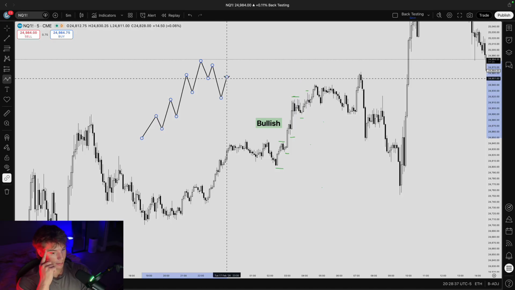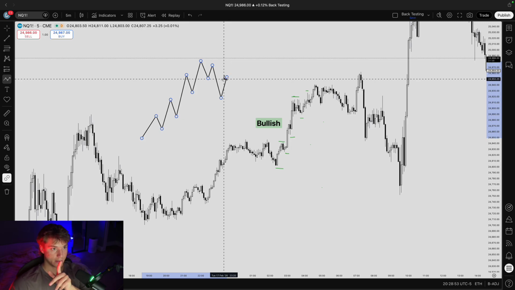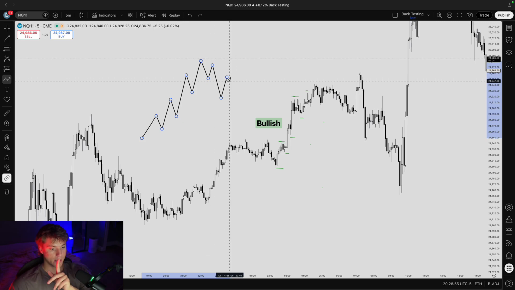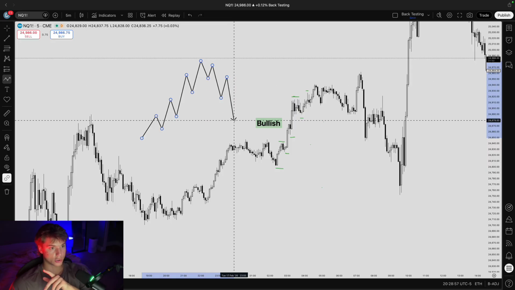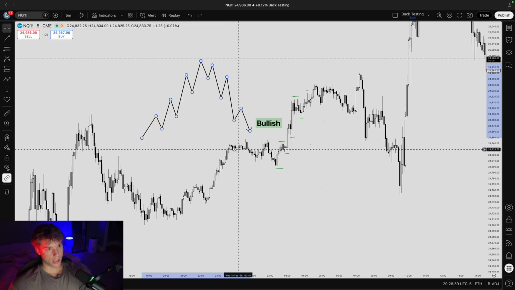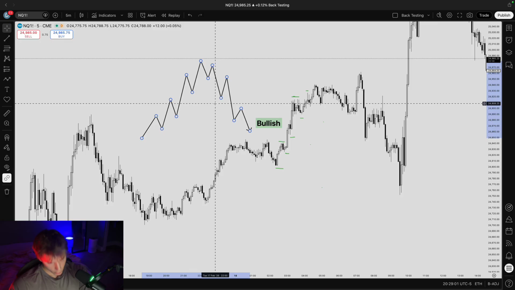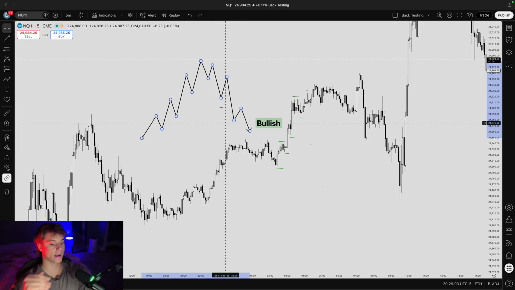That change in state is making you think, oh, this bullish trend isn't as strong anymore. And now I could be looking for a bearish trend to go down. Now, your confirmation that it is a change in state of delivery is going to be to have another break of structure. And now break of structure is going to be a continuation in the bearish trend that is going in the opposite direction.